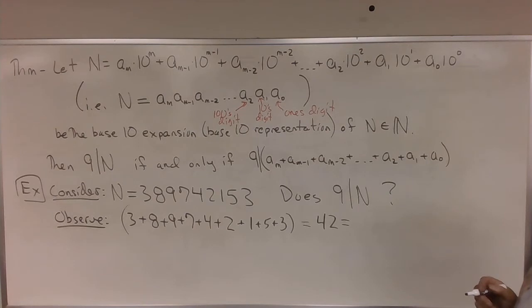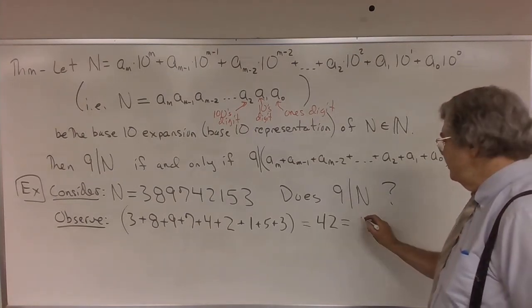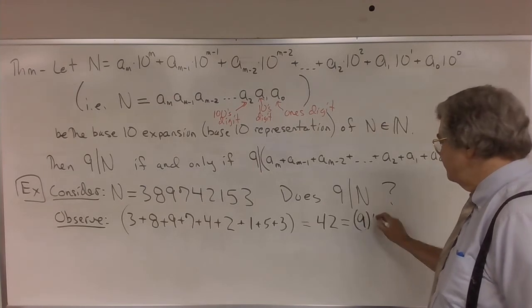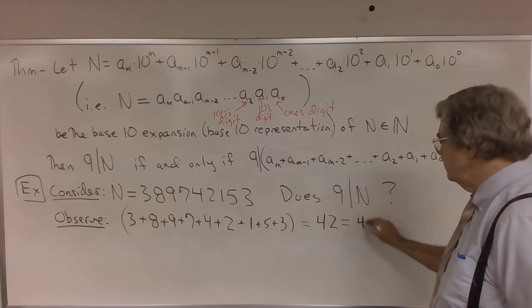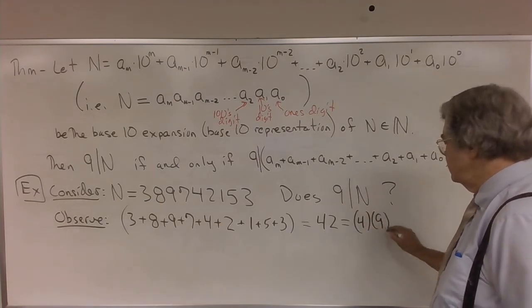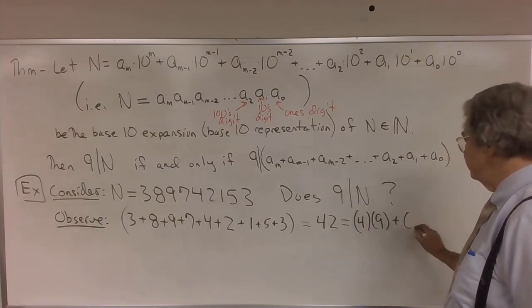I don't think it does, no. 42 is 4 times 9, plus a remainder of 6.